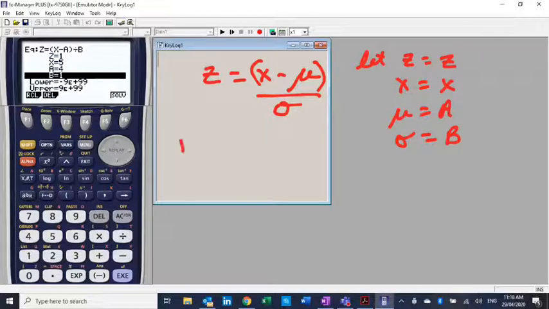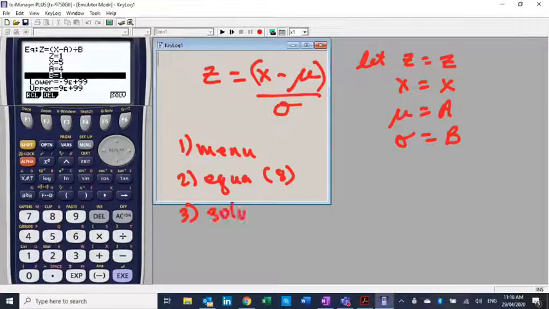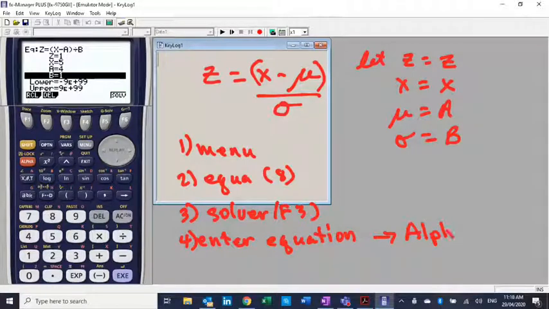Okay, to get to the solver, go to menu, then equation, which is just the number 8. Then you want solver, which is the F3 key. Then enter the equation. And remember, the key to getting those letters is the alpha key. 5, hit execute.